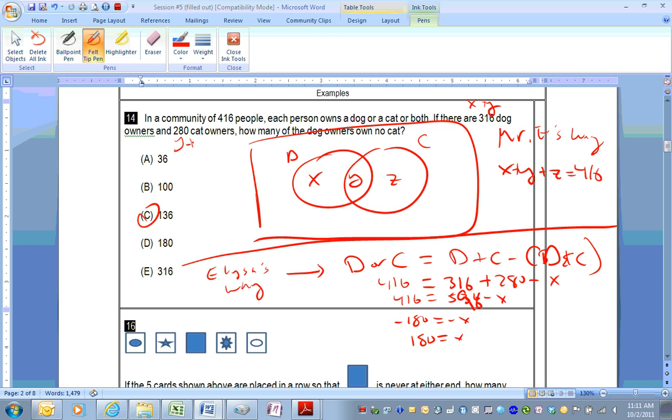Y plus Z is 280. Of course, I want X, so I can just substitute for Y plus Z. That will be 280. So you get 136.